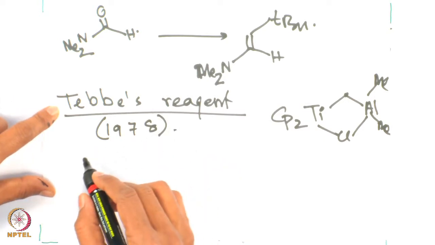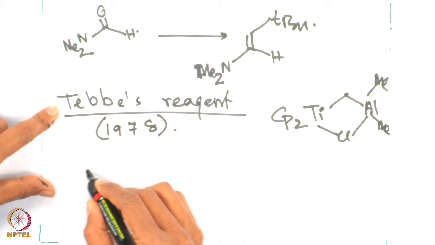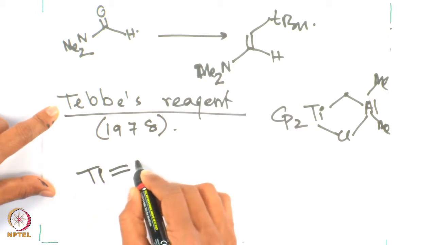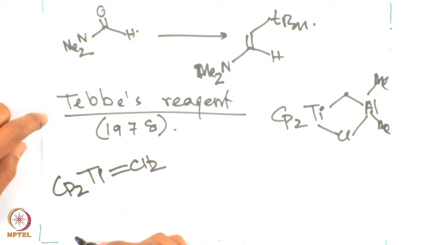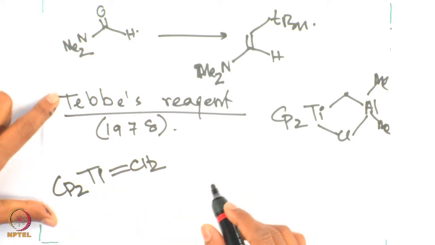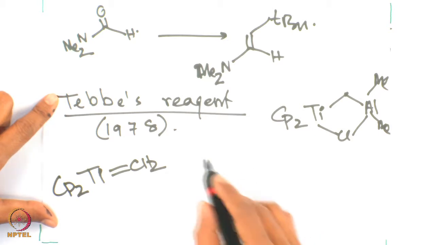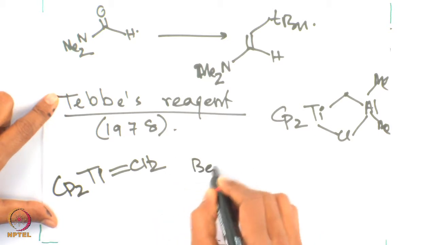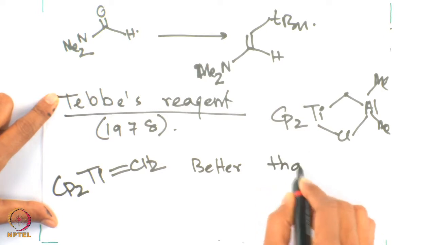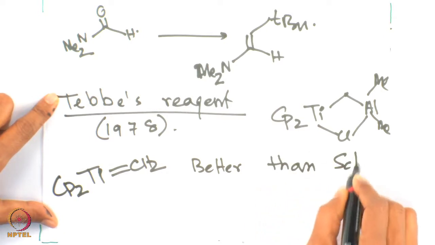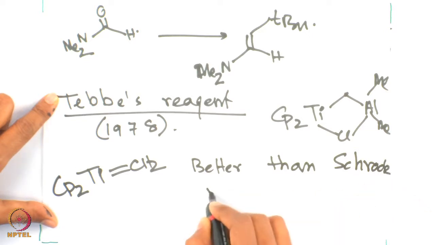The reactive species is the dicyclopentadienyl titanium methylidene that is forming, and this is better in scope compared to even the Schrock one, better than Schrock in scope.